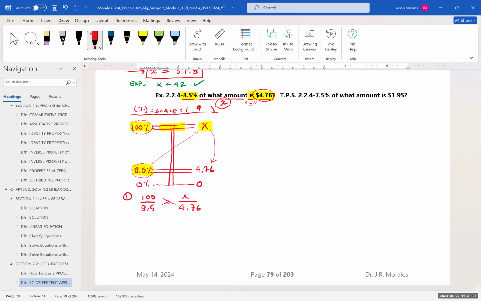Now we can cross multiply. And so we're going to have 100 times $4.76, and that's equal to 8.5x. Then we can divide both sides by 8.5. And we should get a value of x when we do the left-hand side in the calculator of $56.